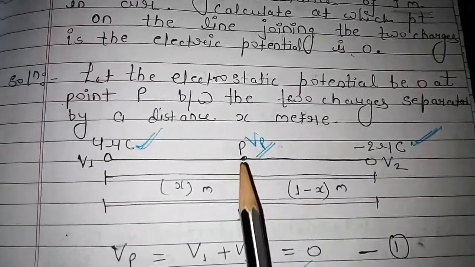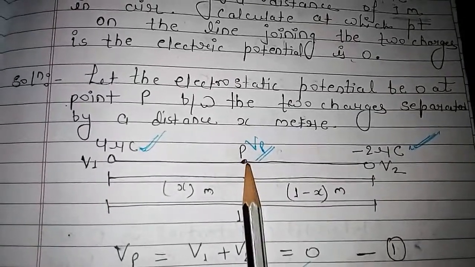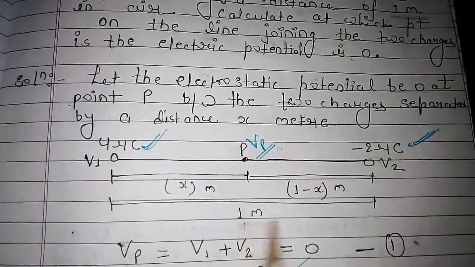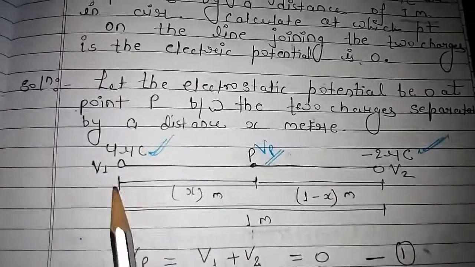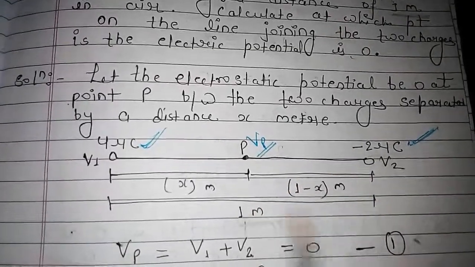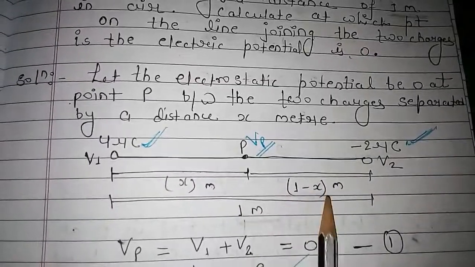Suppose we have a point P where we have to calculate the electrostatic potential. What is the distance between the two charges? 1 meter, also given in the question. Take this distance as x, then this distance will be 1 minus x.